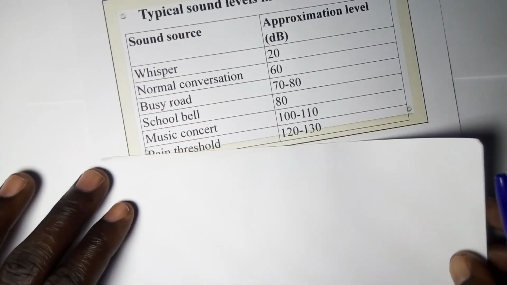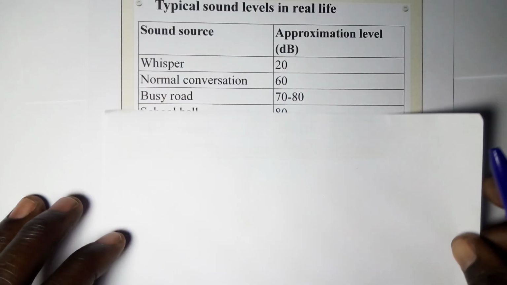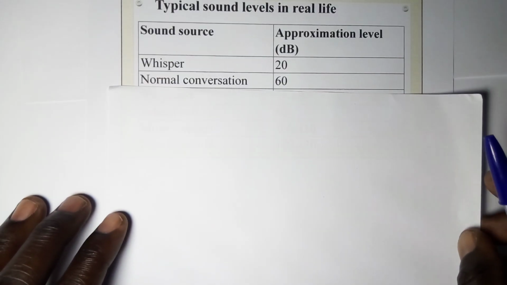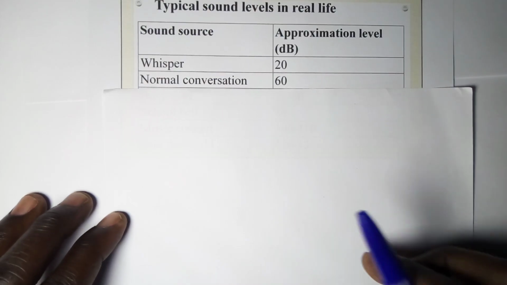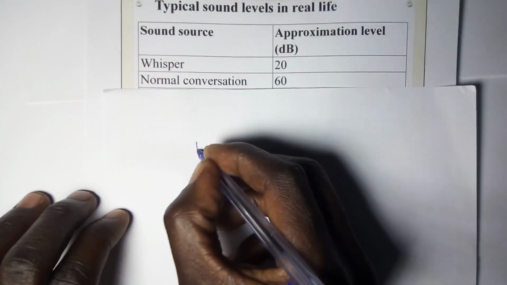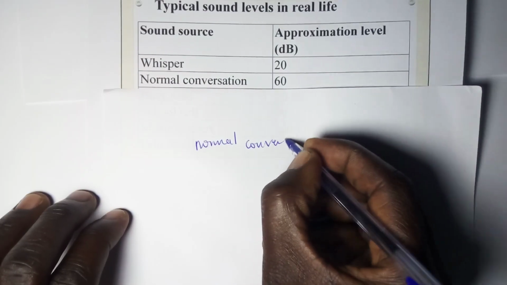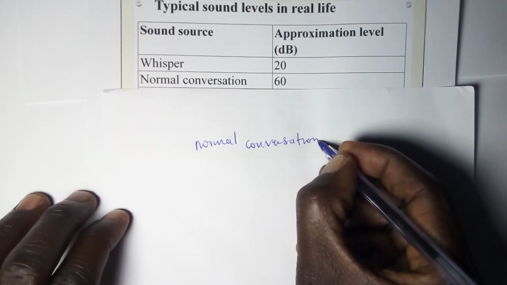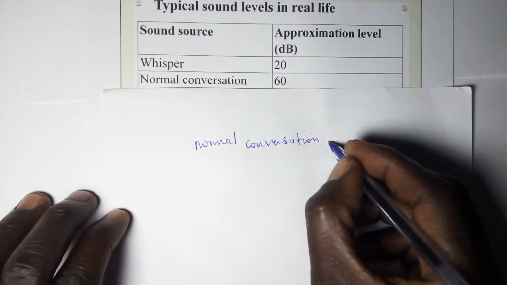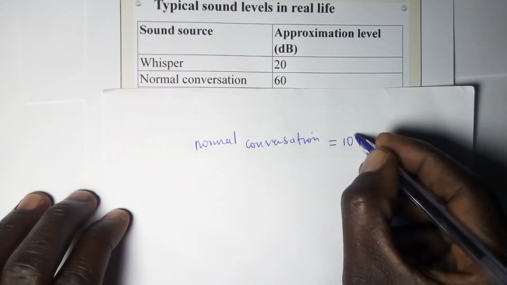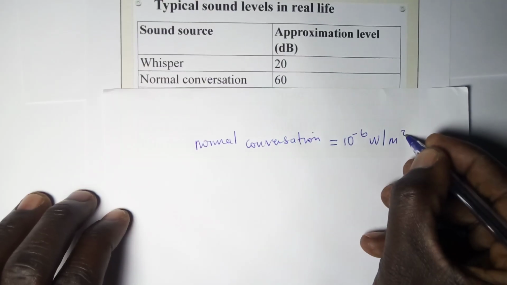For normal conversation, they are telling us it is 60. Let us see how we can convert to decibels. At first they gave us 10 power negative 6 watts per meter squared.